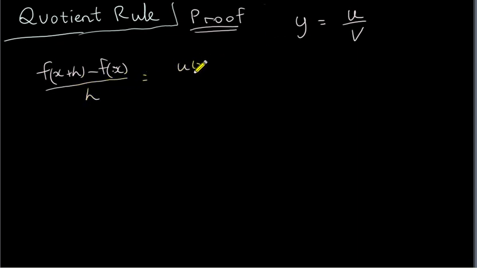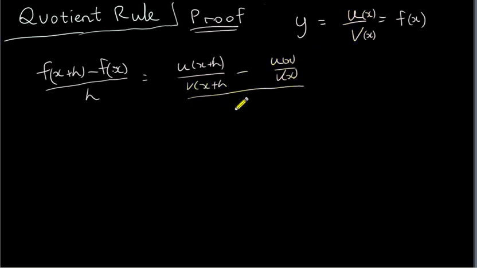F of x equals u of x over v of x. F of x plus h is got by just replacing x with x plus h. So we'd have u of x plus h divided by v of x plus h minus f of x, which is u of x over v of x, divided by h.